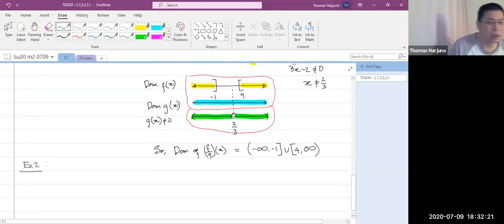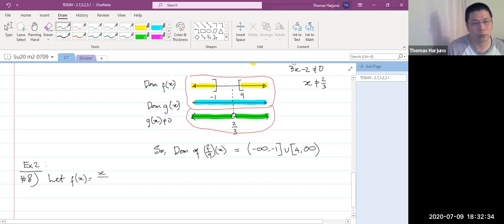Let's see, for example, number 8. Number 8, we have f of x equals x over x minus 2 and g of x be 7x over x plus 4.